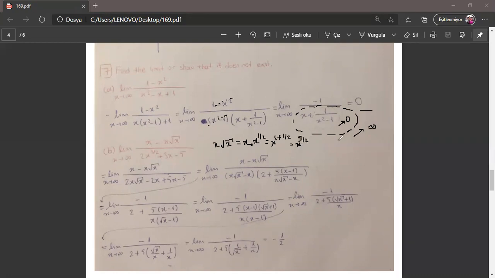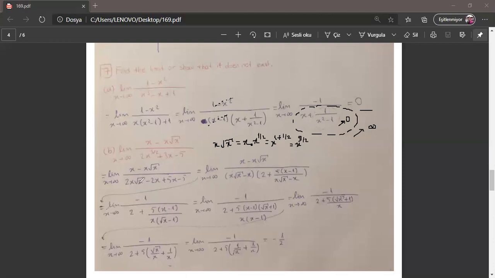Okay, this is 3, this is 3 over 2. So we have the same. Now we rewrite it in this form to have something similar to this.